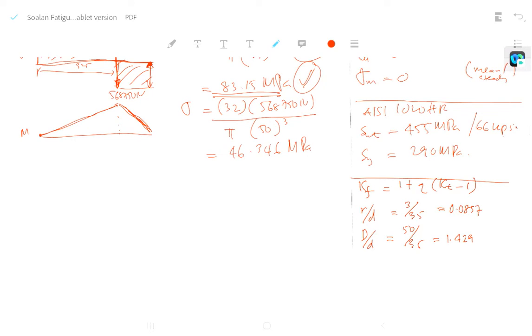Okay, then your KT goes to 1.78. Then you need to determine the Q value.